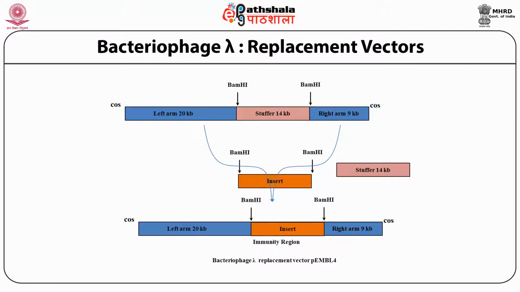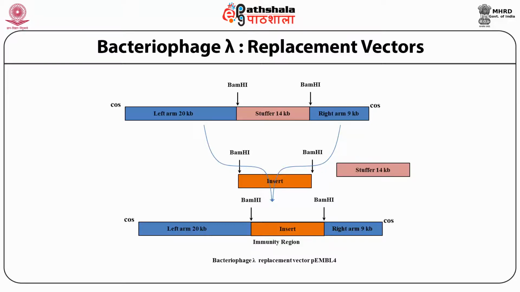The bacteriophage lambda cloning vector has a middle segment responsible for insertion and excision, called the IE region, and this region can be replaced by foreign DNA with the help of two BamHI sites present on either side of the IE region. Hence, in the cloning strategy described in the figure, foreign DNA can be put into the vector and then allowed to infect the bacteria.